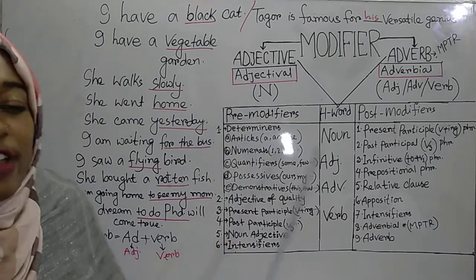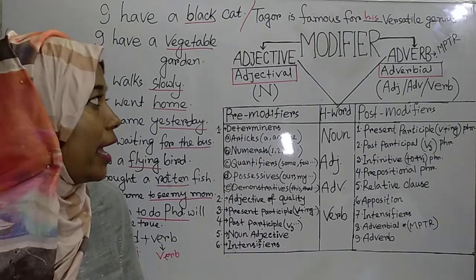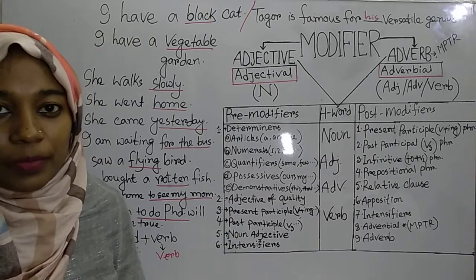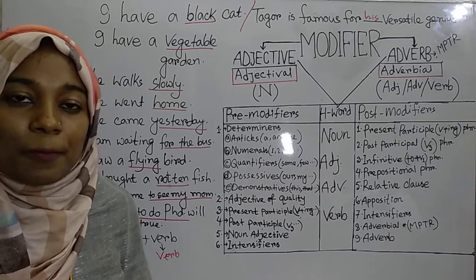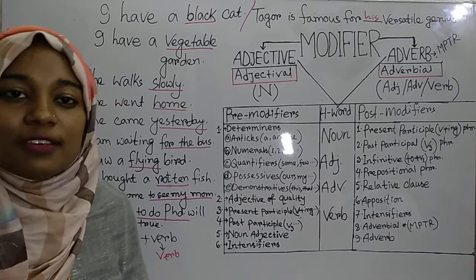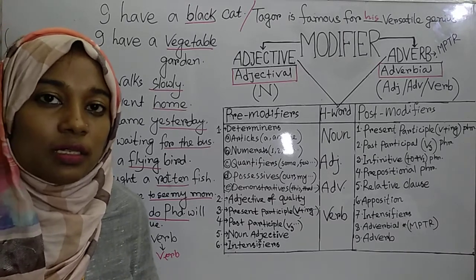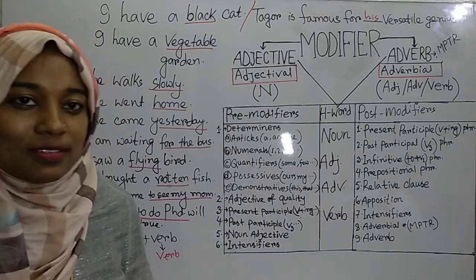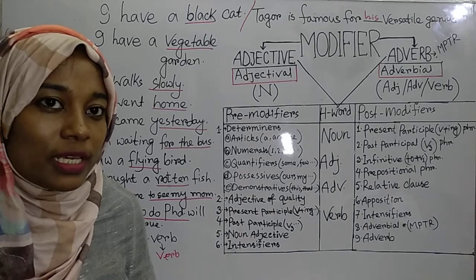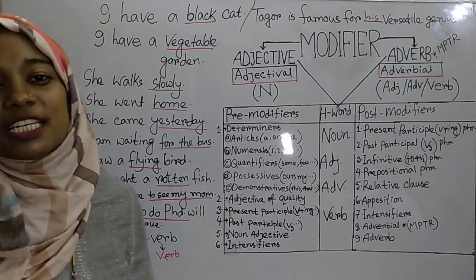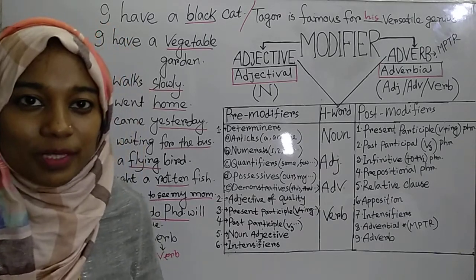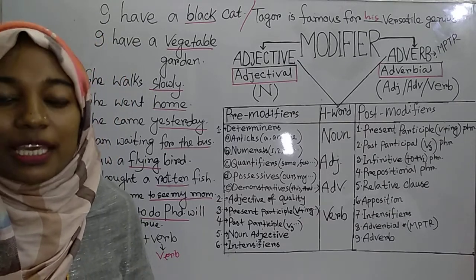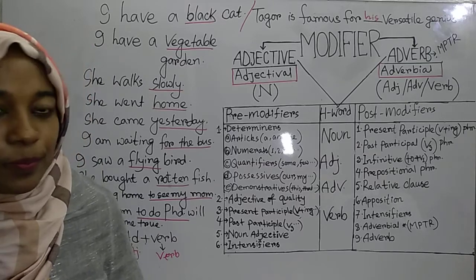Next, adjectival. Actually, adjective and adjectival are not synonymous. We know a part of speech is named either by its form or by its function. When a word is not an adjective by its form, but it does the function of an adjective, it is called adjectival.